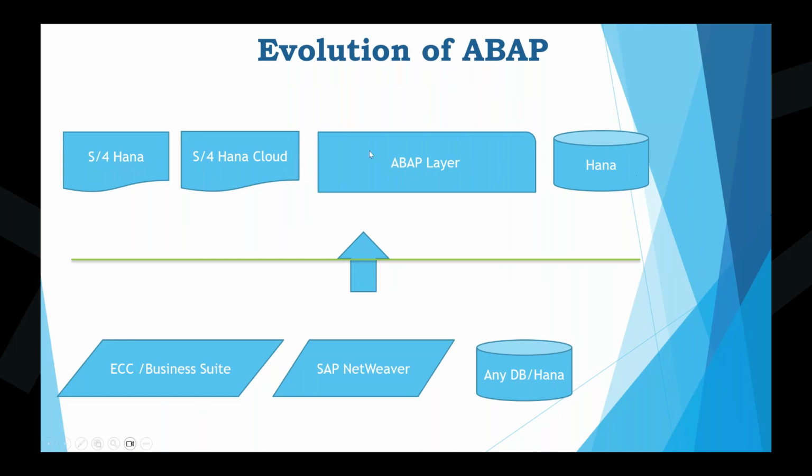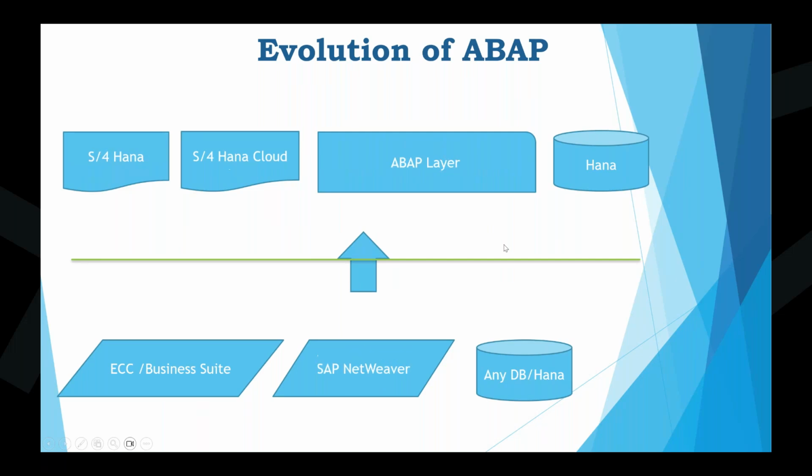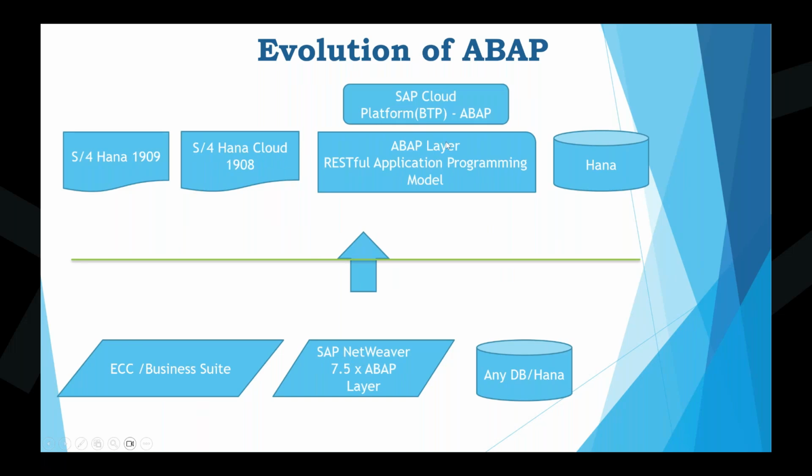All the innovation in the ABAP layer is nothing but the ABAP RESTful Application Programming Model, called RAP. It is available in on-premises S4HANA systems from 1909 onwards, in the public cloud and private cloud, and also as an ABAP service in BTP.